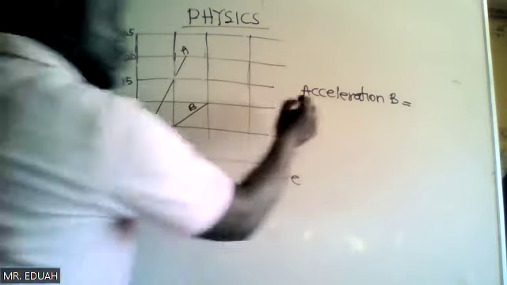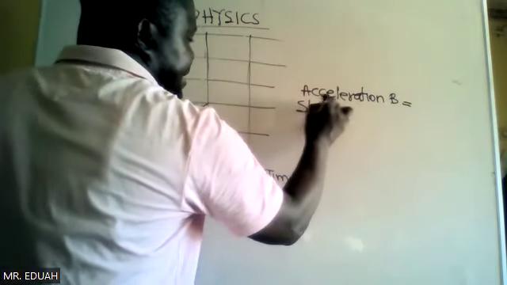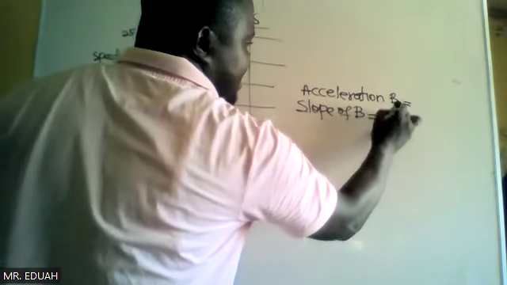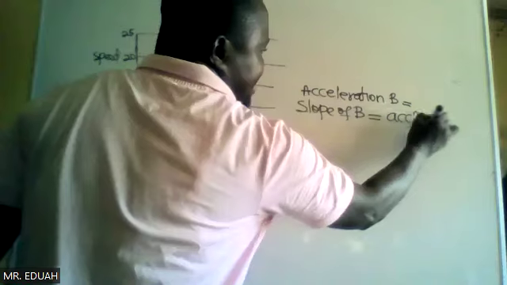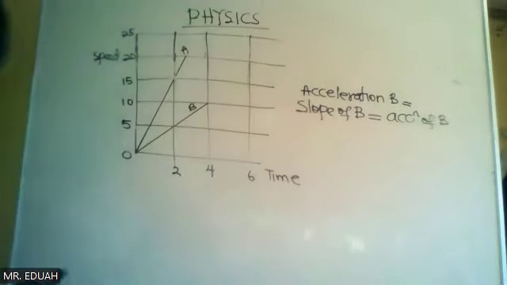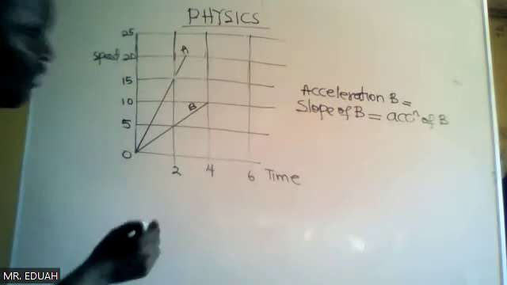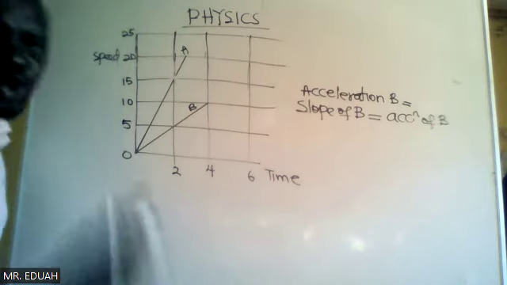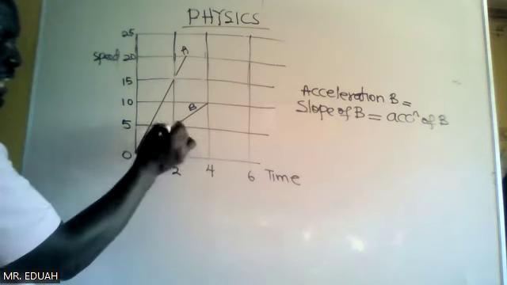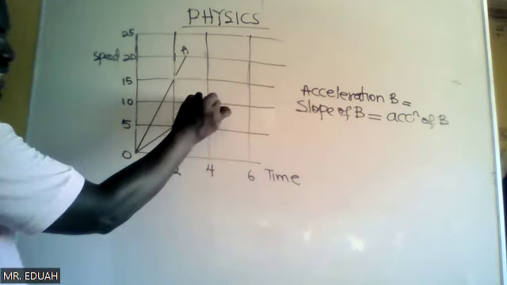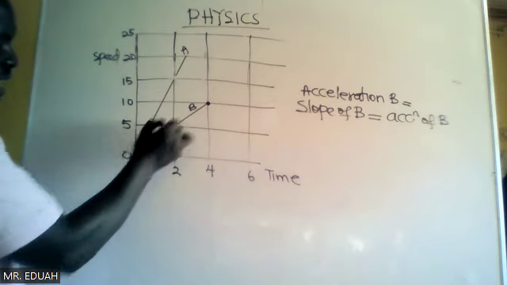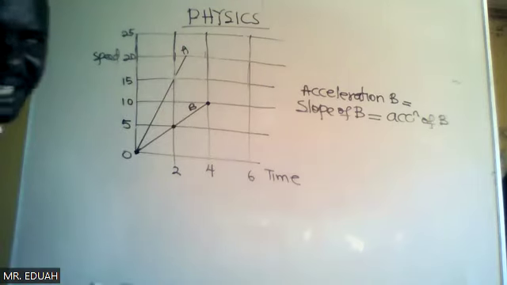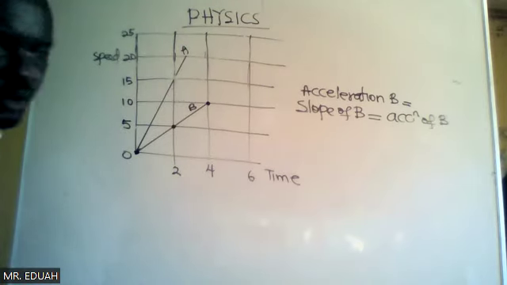So let's find the slope of B. The slope of B gives us the acceleration of B. For the slope, you only pick any 2 points on the straight line. I can pick this and this, or this and this. And since it's a straight line, I must get the same value for the slope.